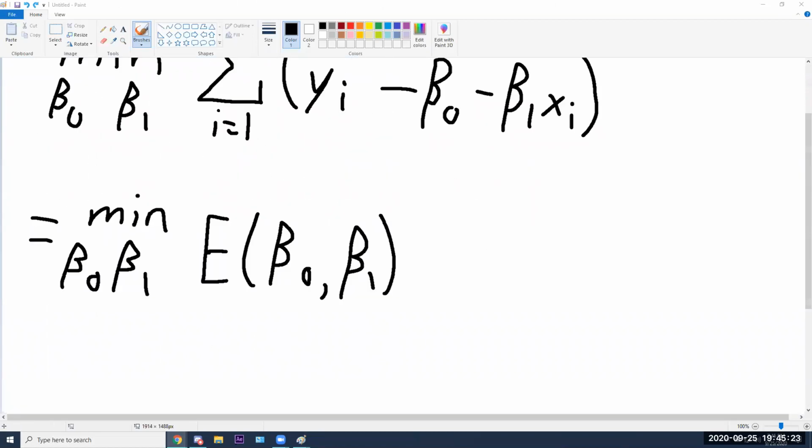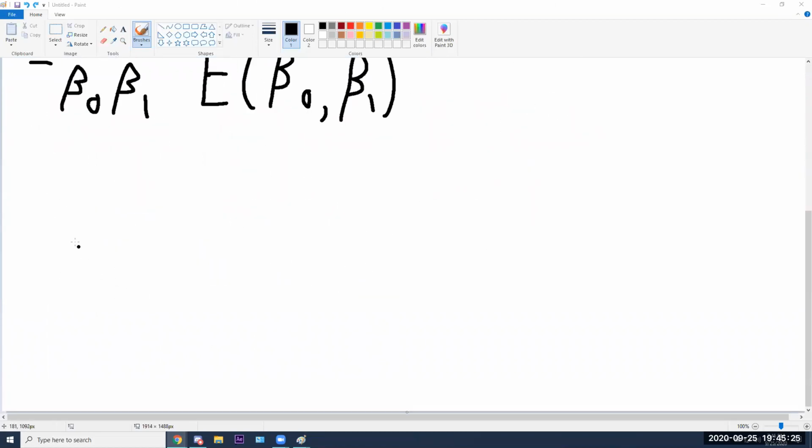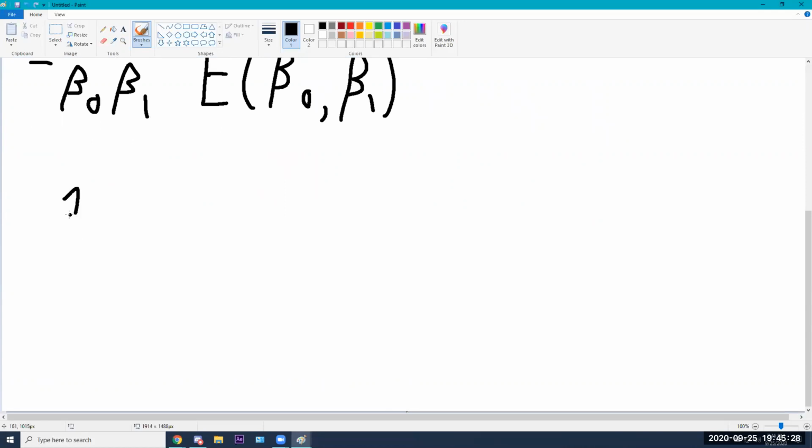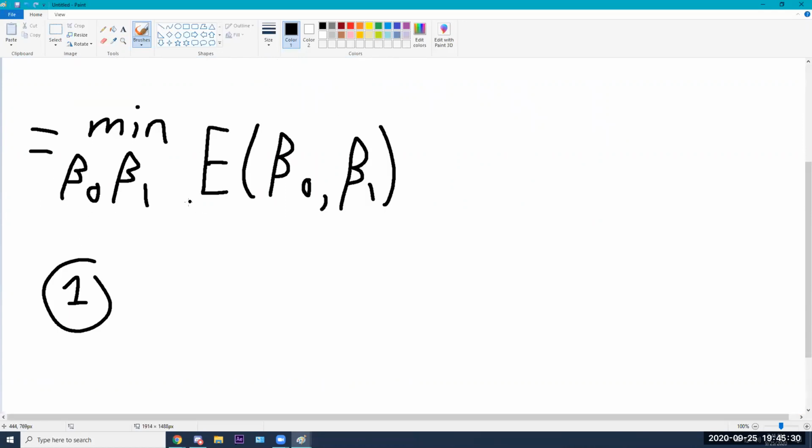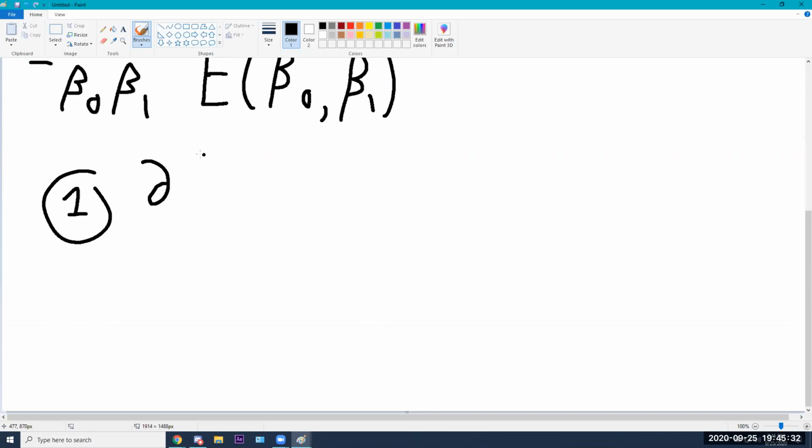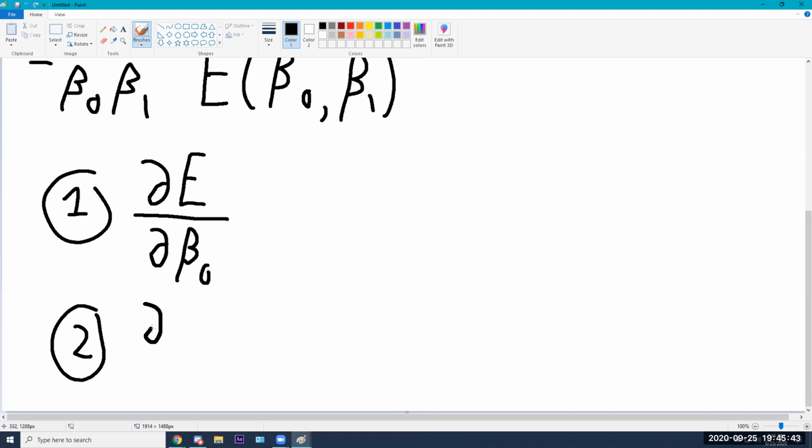And so now I'm going to introduce two equations here. For our first one, it's going to be the partial derivative of E with respect to beta naught. And the second one is going to be the partial derivative of E with respect to beta 1.